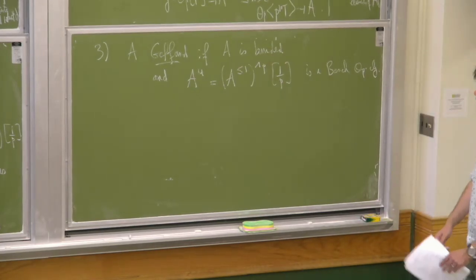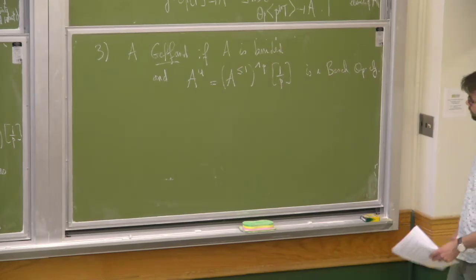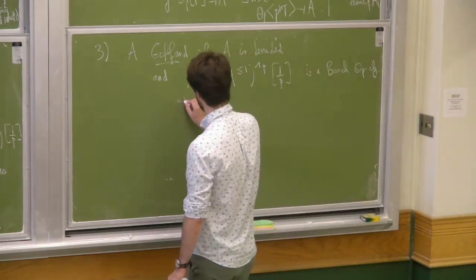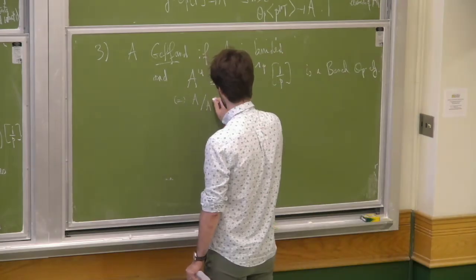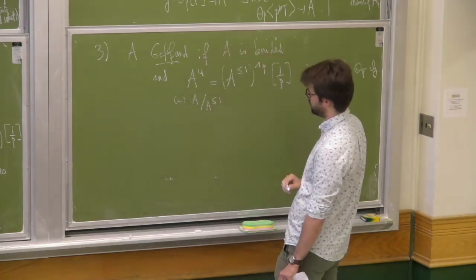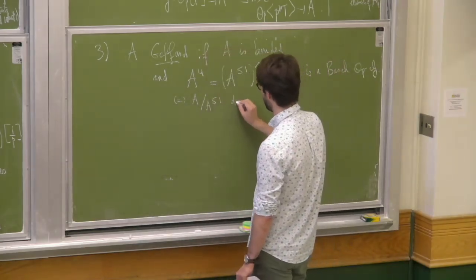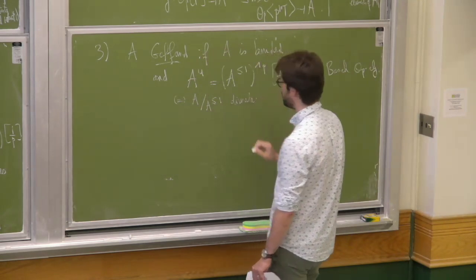Really the content here is that modulo the less-or-equal-to-one part, this is discrete.